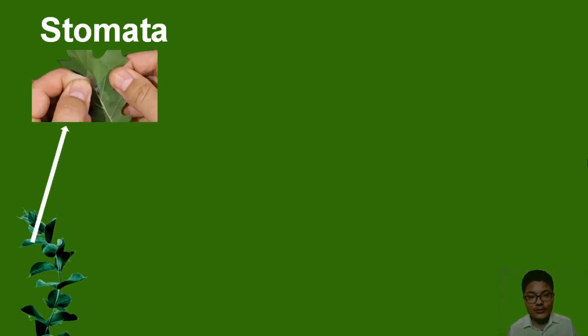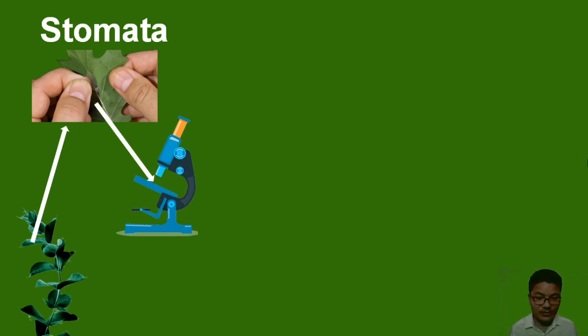As we usually do in lab, for observing stomata from leaves, we collect leaves. After collecting leaves, we take out the epidermal peel or leaf peel and observe it under a microscope.